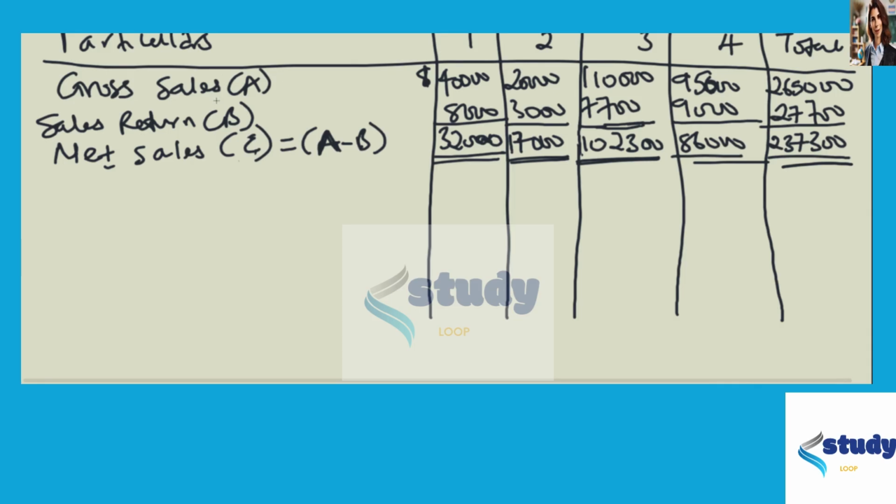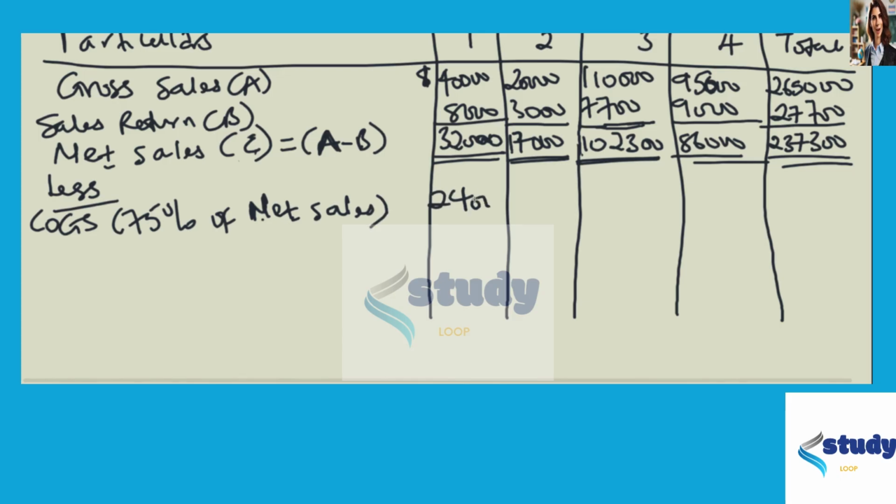Now moving on, we're going to less cost of goods sold. The question told us that it's 75% of net sales. Let's not forget that. So cost of goods sold is 75% of net sales. So with that information, we'll find 75% of whatever we have at net sales. So for customer 1, it's going to be 24,000.